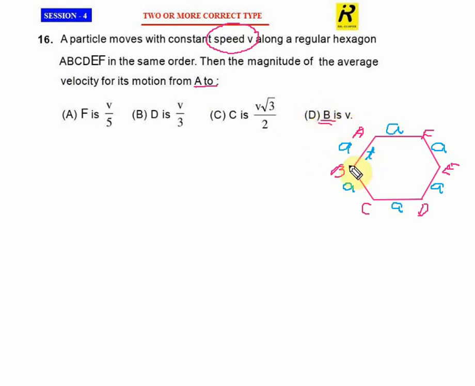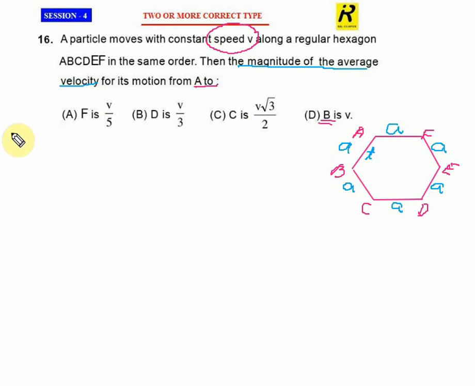So A to B, the vertex A is here, B is here. In this case, what I have to check is the magnitude of average velocity. So the magnitude of average velocity should be what?